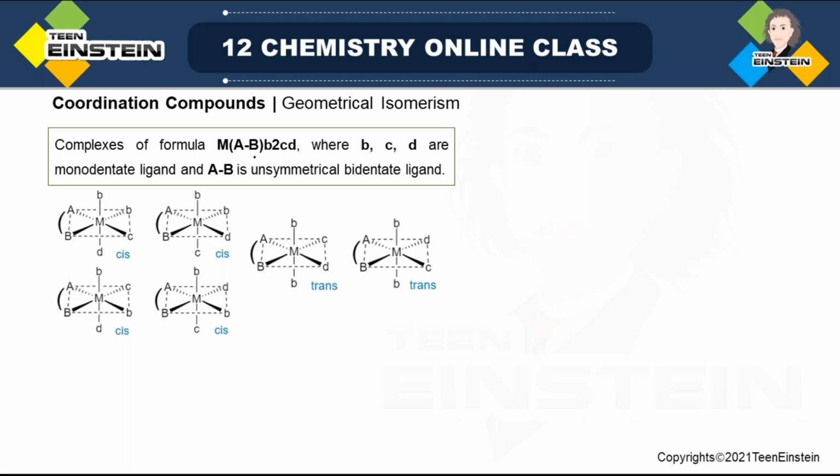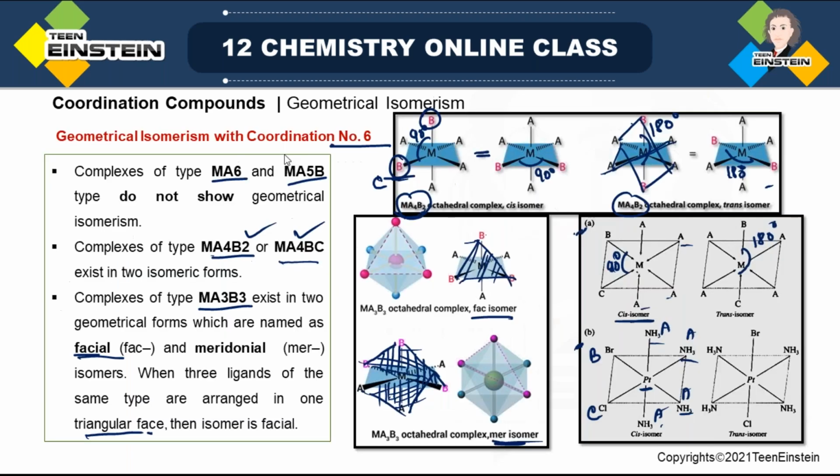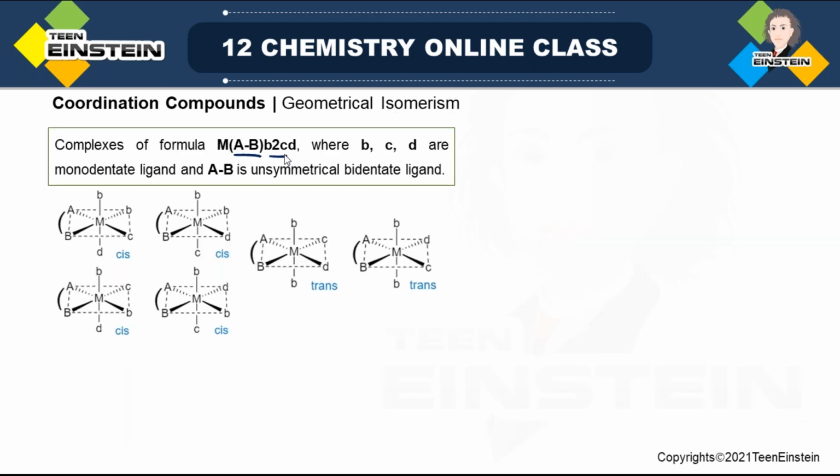Complex of formula M(AB)bcd. Now see, we have taken a bidentate ligand. In the previous slide, we have not used any bidentate ligand. All the examples are monodentate ligands. But what if we have taken a bidentate ligand? So here capital AB is actually the bidentate ligand, and small b, c, d are monodentate ligands.